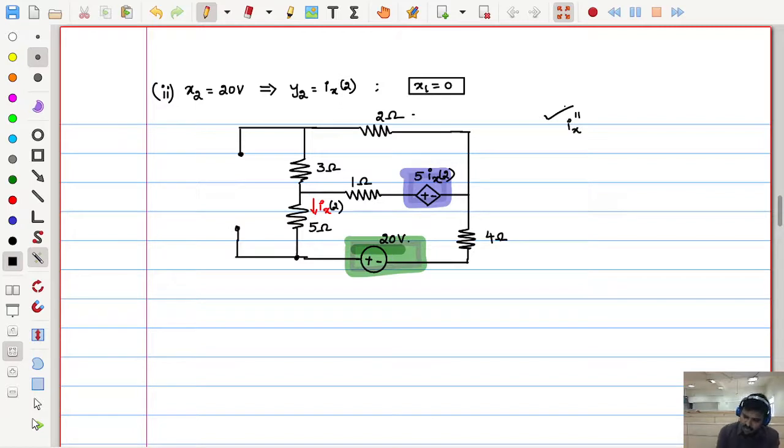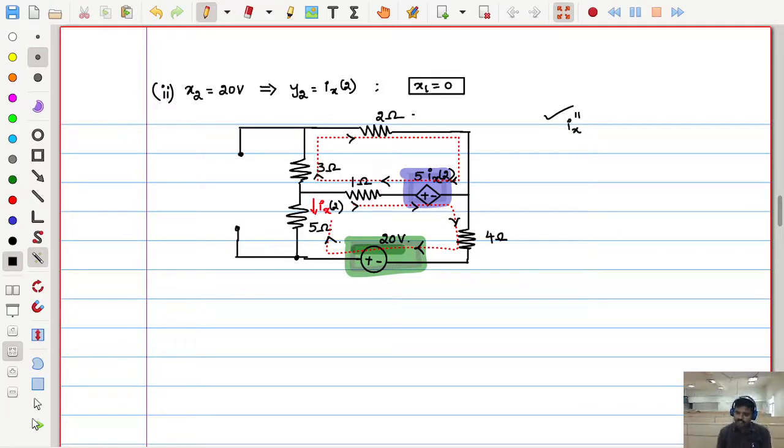So now let us proceed again with any method, whichever you are comfortable with, choose that method. I am going with mesh analysis again. So let me choose this as mesh 1, this as mesh 2, and let me indicate the currents in these meshes in clockwise direction, through each of the elements upward, here clockwise downward, then clockwise upward like this.